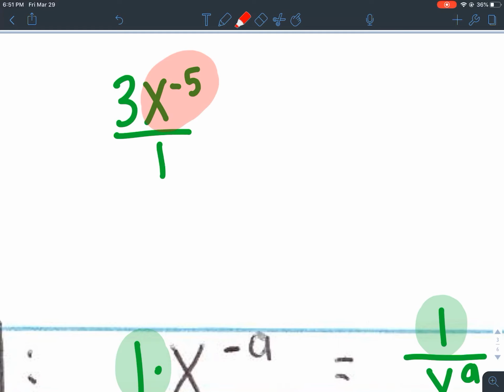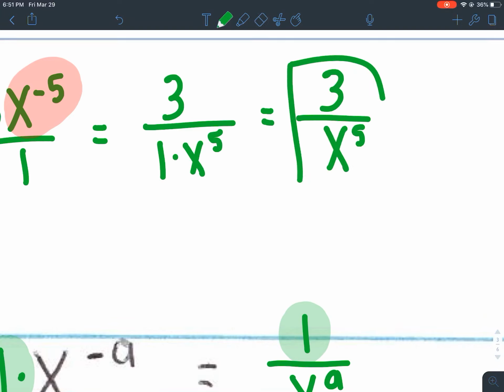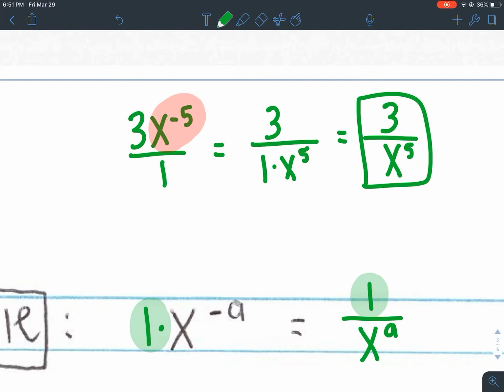Only this part is going to move to the bottom. The 3 will stay up there, because there's not a negative exponent attached to it. And in the denominator, I just have 1 times x to the negative 5th. But I don't really want to write that 1. Oh, my bad. It's going to be x to the positive 5. So I just write 3 over x to the positive 5, like that. Okay? So you're just moving whatever is negative to the other side.